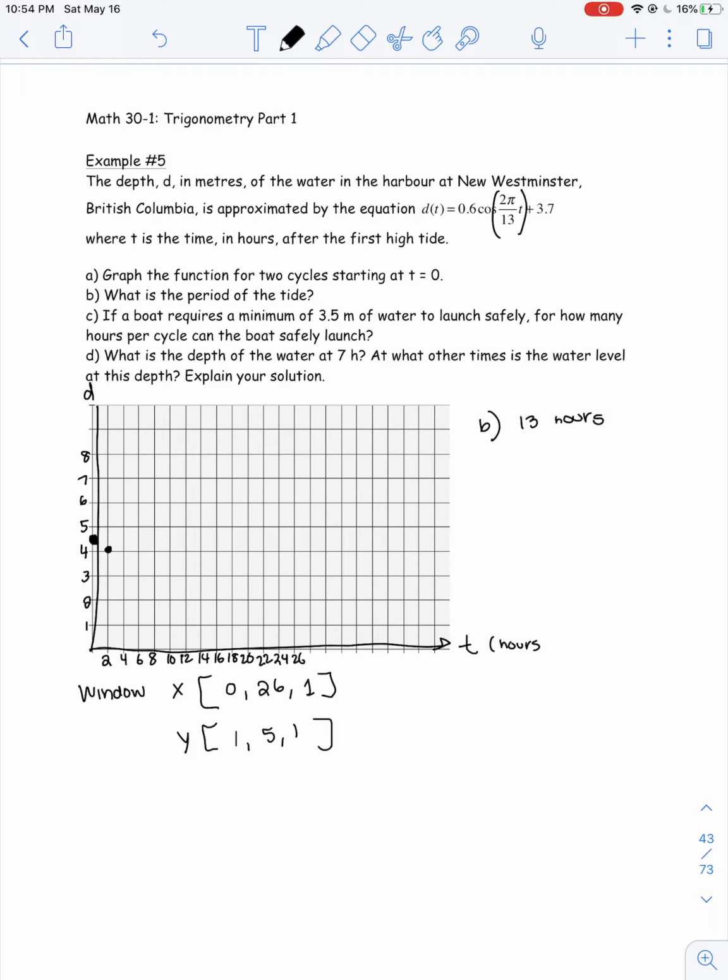And then you want to start plotting these values. So I know that at 13, I'm going to be back at 4.3, and at 26, it's going to be back at 4.3 again.